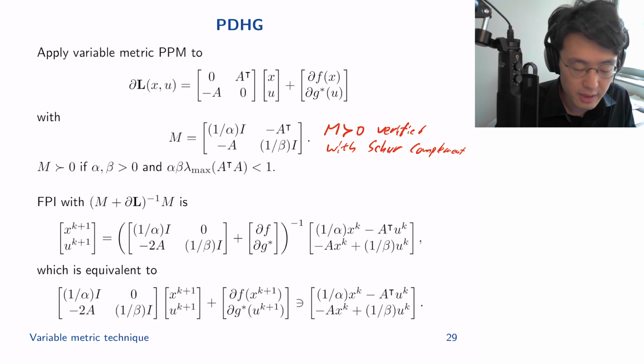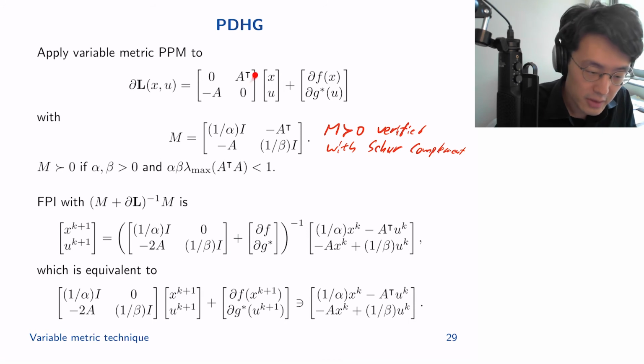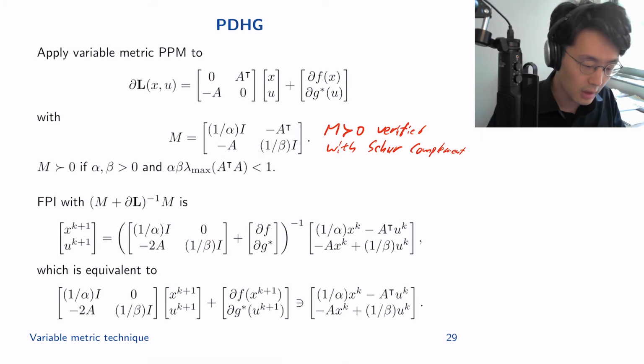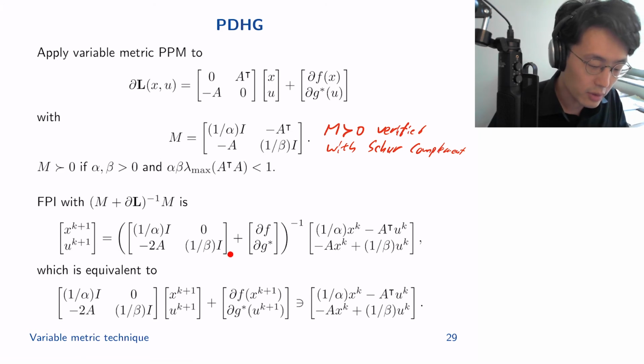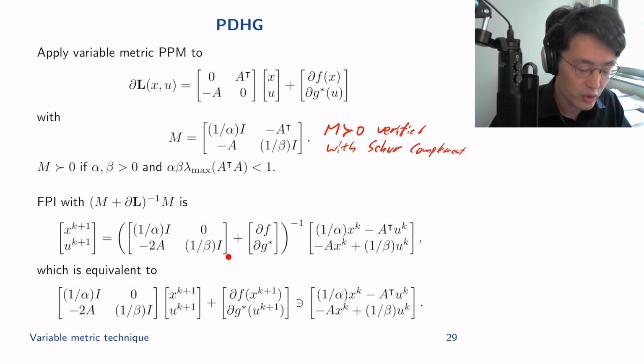It's simplified in the sense that this term cancels out with this term. So here we have a 0. And then in the diagonals, we just have the identities. And then in the lower diagonal part, we have minus 2A. Now, this matrix having this lower triangular structure is essential. It is this lower triangular structure that will allow us to apply this inverse in a computationally efficient manner.